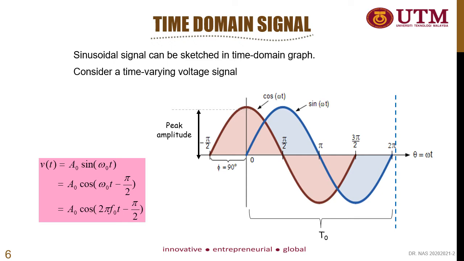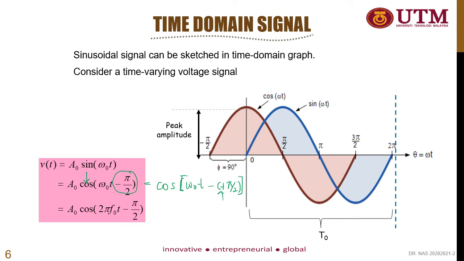If you look at the equation, the sine signal is basically a cos signal that is shifted to the right by pi/2, or by 90 degrees. So it is equal to cos of omega naught t minus pi/2, and the signal is shifted to the right by pi/2.